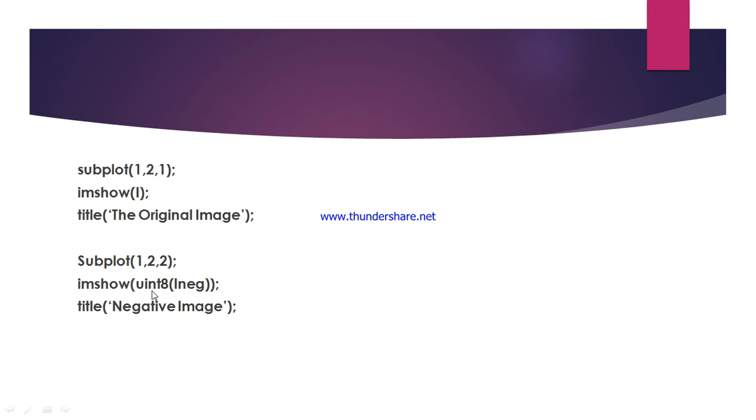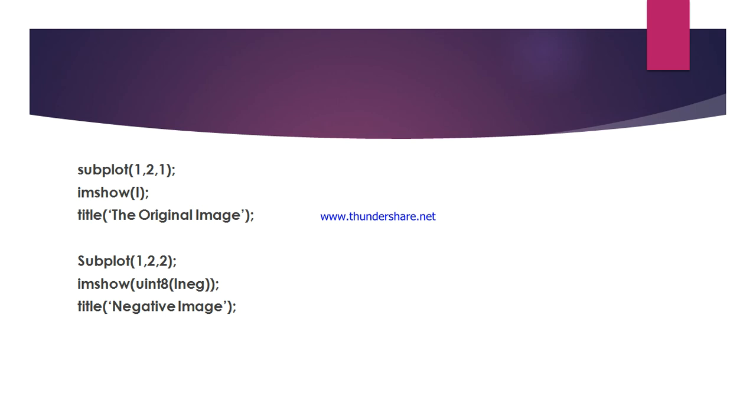Then imshow of uint8 of ineg, where ineg is the negative image, and I give the title as negative image. I used the uint8 command here because this command converts the double values into integers, that is, whatever values in the negative image are in the form of double are converted into integer type.